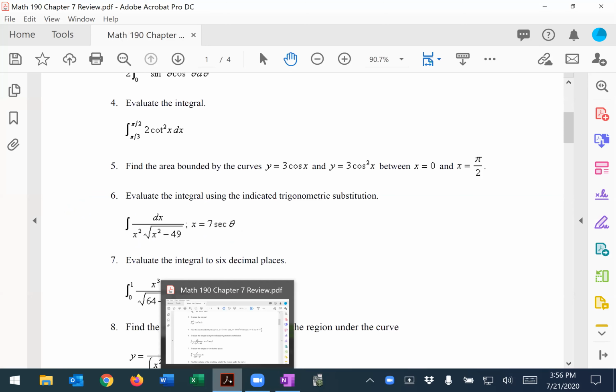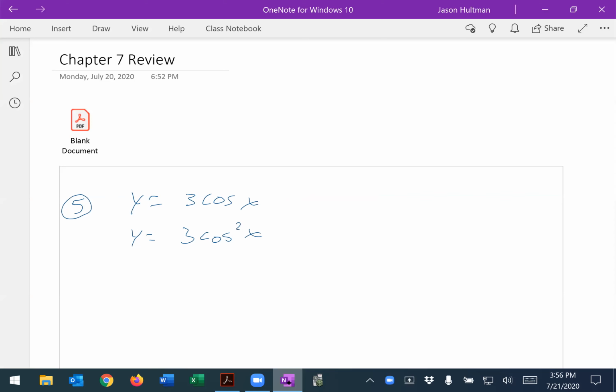So we want to know which one is going to be on the top and which one is going to be on the bottom. Cosine of x is between -1 and +1, and cosine squared of x is also between -1 and +1. But notice that with cosine squared of x, on the endpoints it's the same, but everywhere else it's lower.